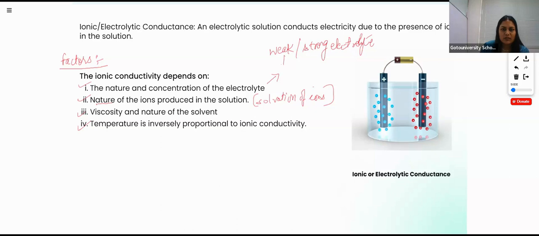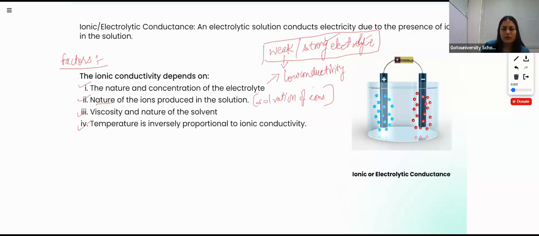A weak electrolyte shows low conductivity, or say its molar conductivity is low. So that is why it depends on the nature of the electrolyte. If we are using a strong electrolyte, then the conductivity will be high.